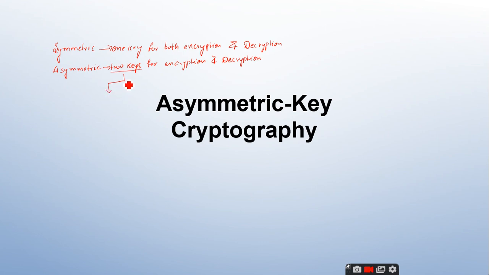The keys are named the public key and the private key. These are the two keys we are going to use for this asymmetric key cryptography. What key is used for encryption and what key is used for decryption, that we will discuss when we go through the concept. Is it clear up to this point?